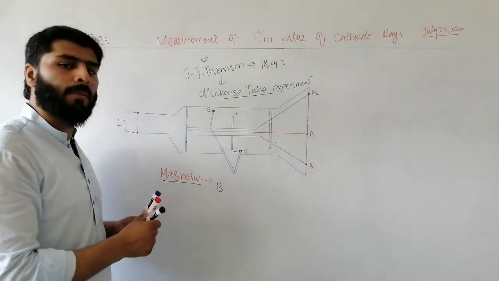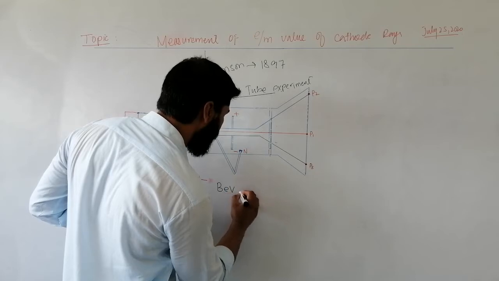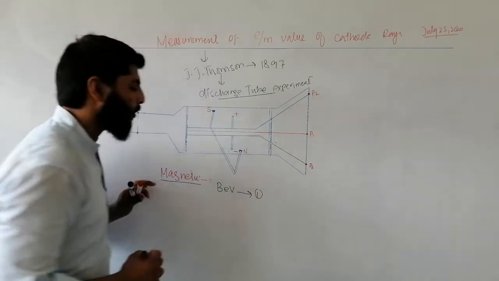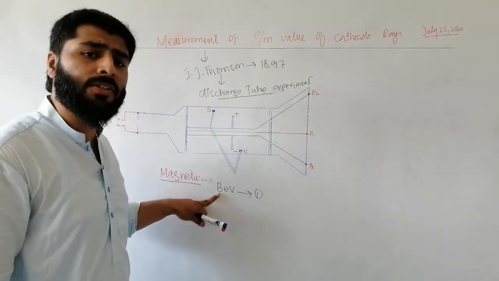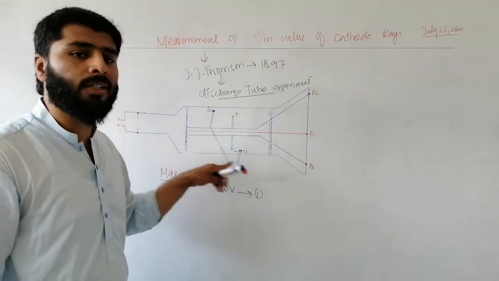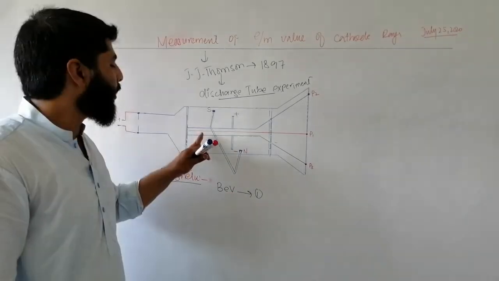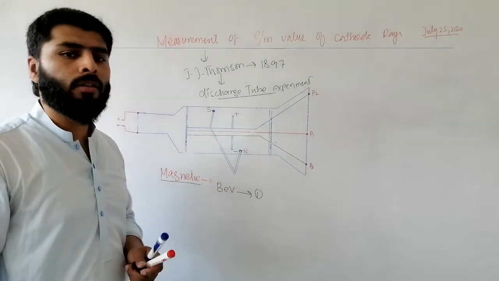Therefore, the force due to the applied magnetic field will be equal to Bev. This is equation number 1. Here B is the strength of the applied magnetic field, e is the moving charge or cathode ray, and v is the velocity with which the cathode ray or electron moves.